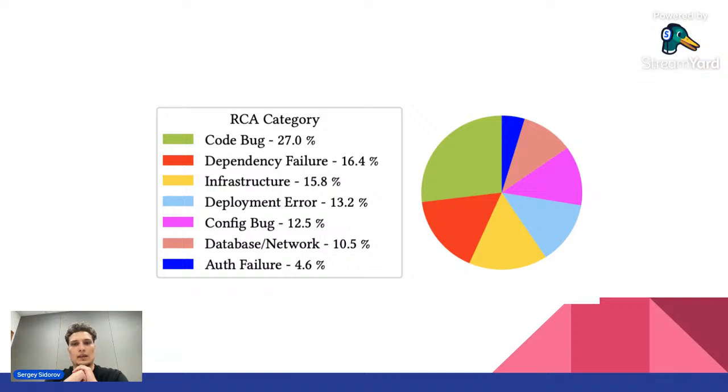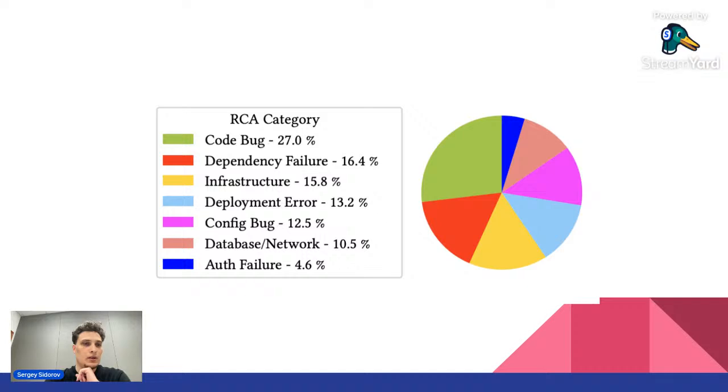And we can see that the proportion of changes that lead to production issues related to bugs and configs is quite high, sometimes reaching 30 to 50%, varying from workload to workload.